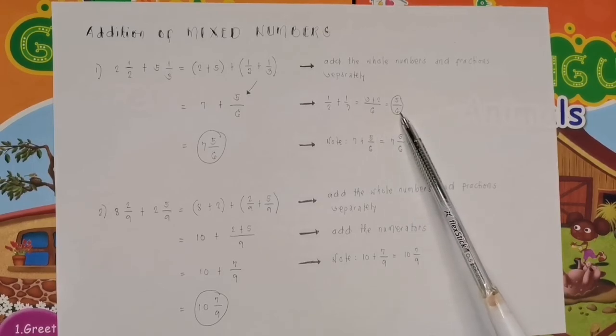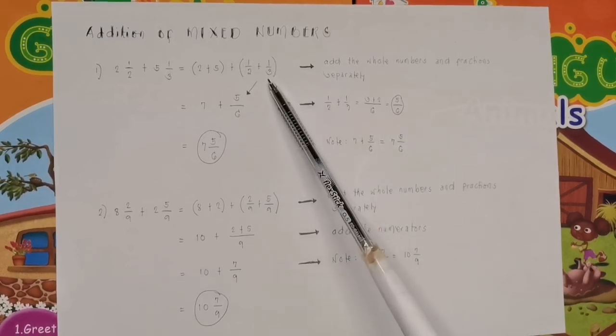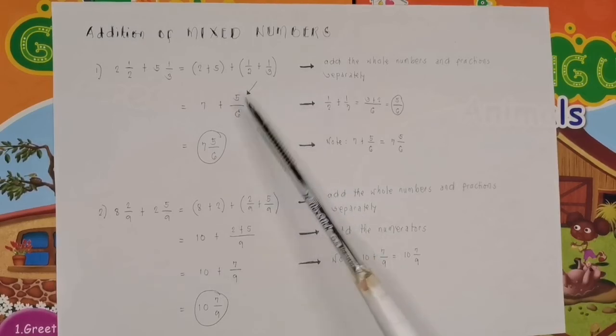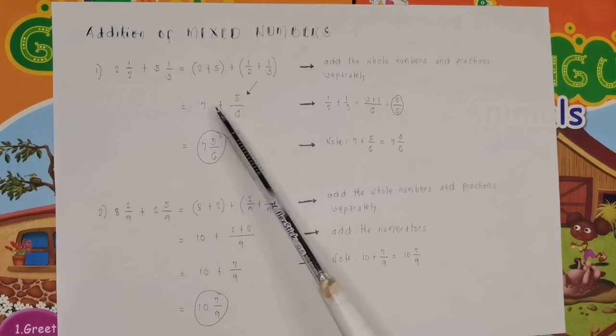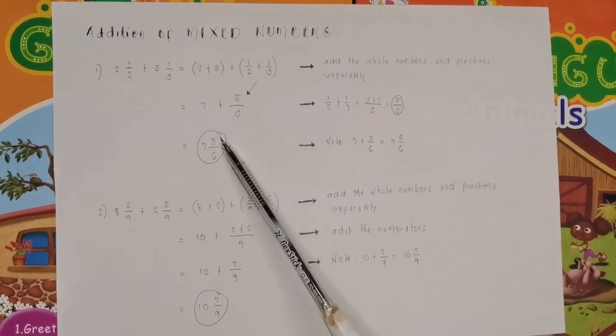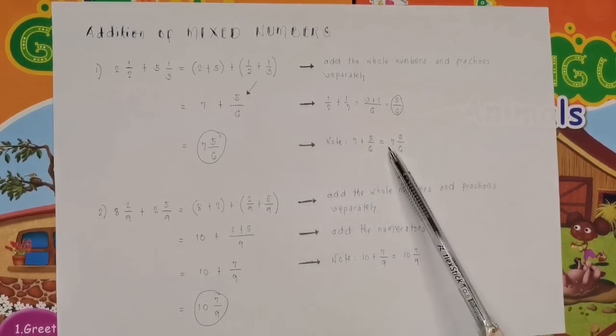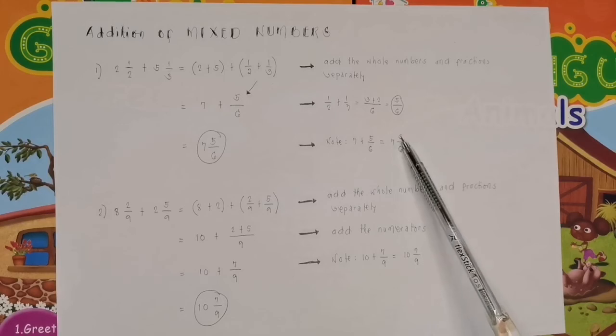Copy the denominator. Thus, again, 1/2 plus 1/3 is just equal to 5/6. Next, from 7 plus 5/6, we can have it as 7 and 5/6. Take note, 7 plus 5/6 is just equal to 7 and 5/6.